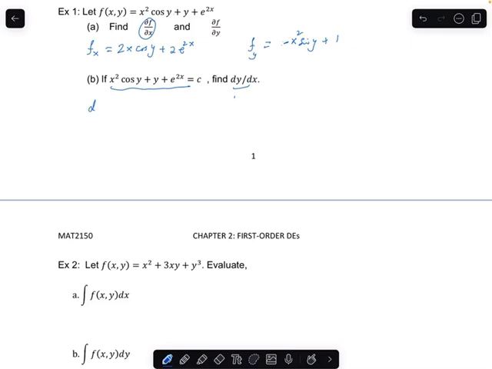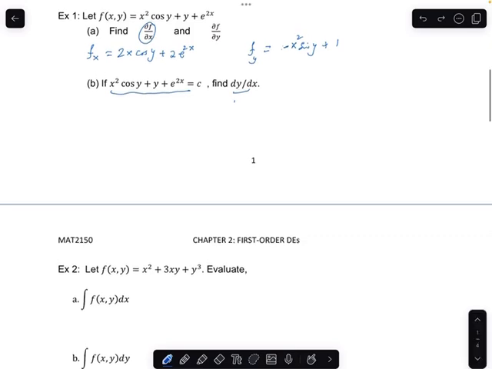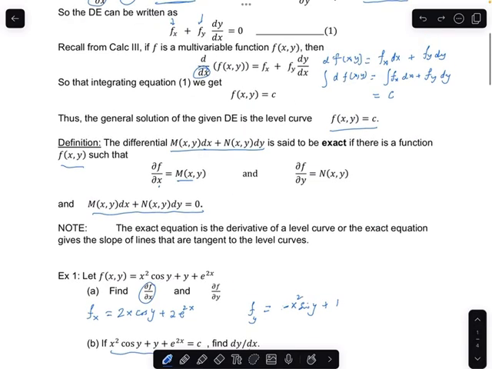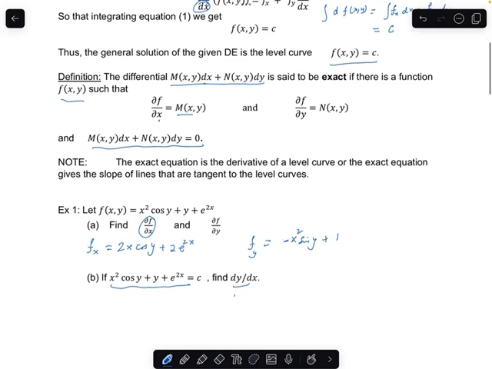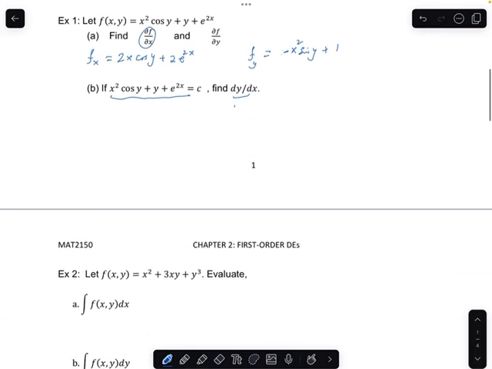So you had a formula that dy by dx will be equal to, well, actually we can use this. So f sub x plus f sub y dy by dx.